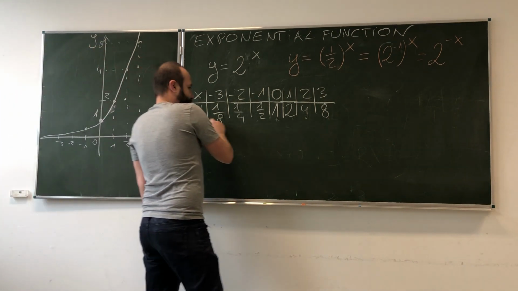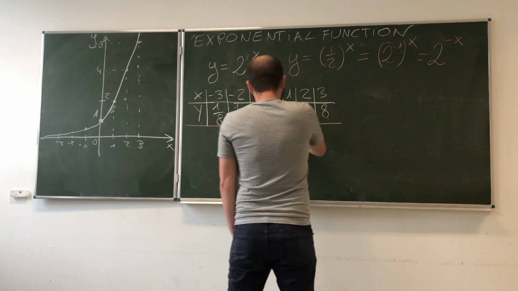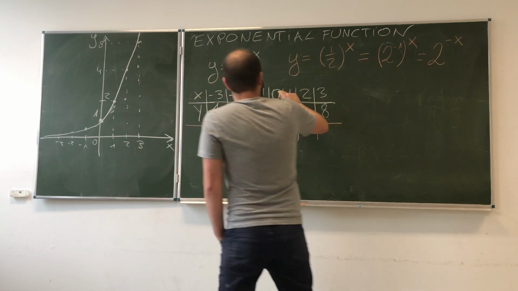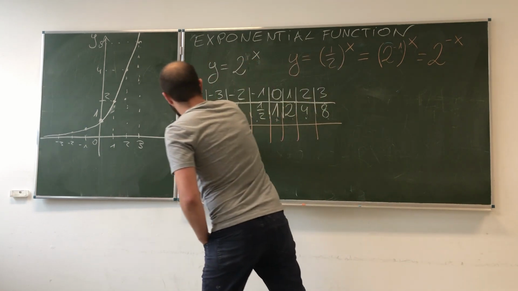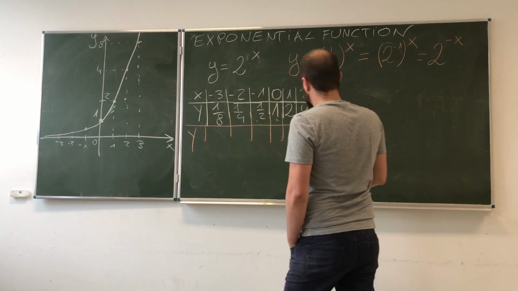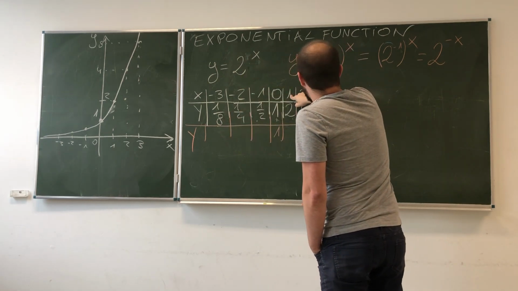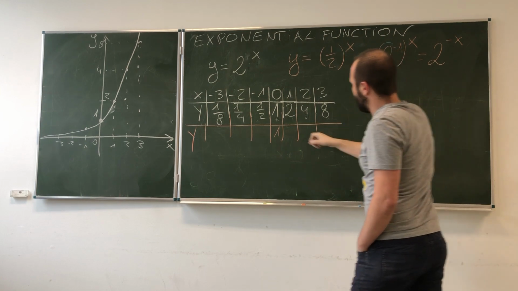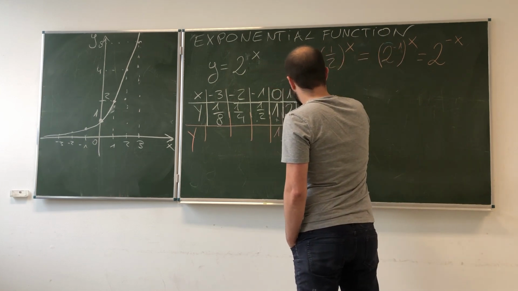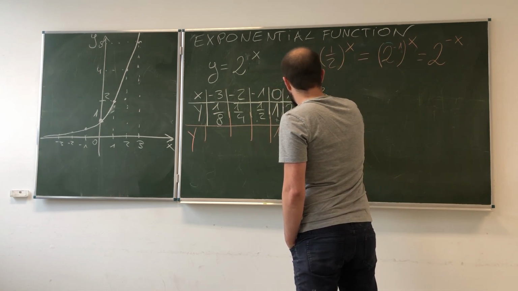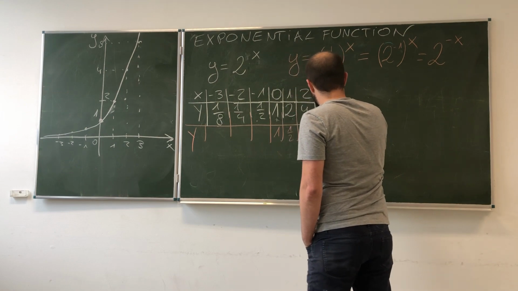Let's look at the values. For 0, it's still 1. But now, if x is 1, we've got 1/2. Then we've got 1/4, 1/8.